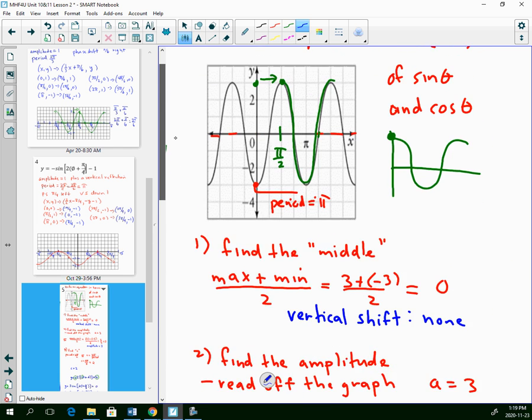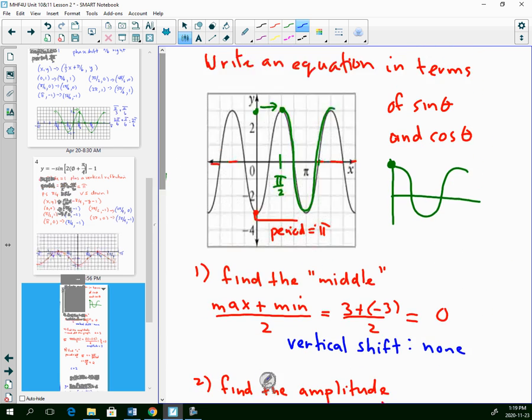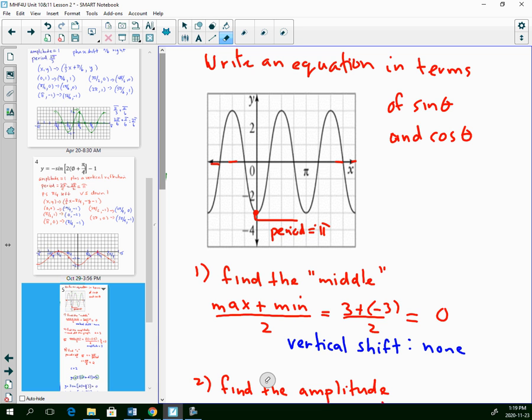The third option is to do cosine with a reflection. Normally cosine starts here. I could reflect it so it's down here. So this is cosine that is reflected vertically, so it's just been flipped over.